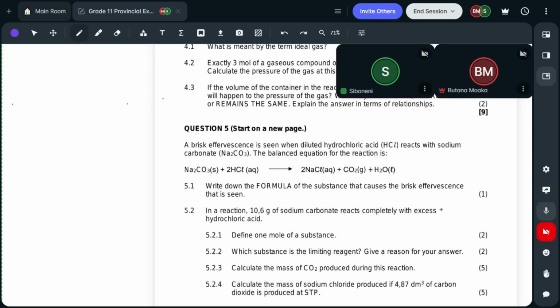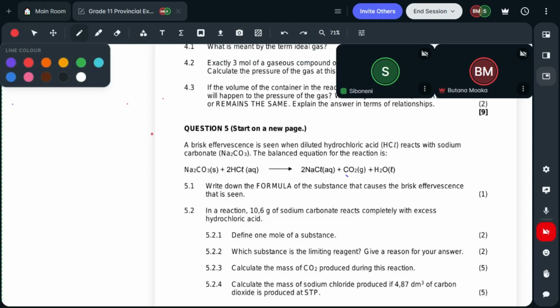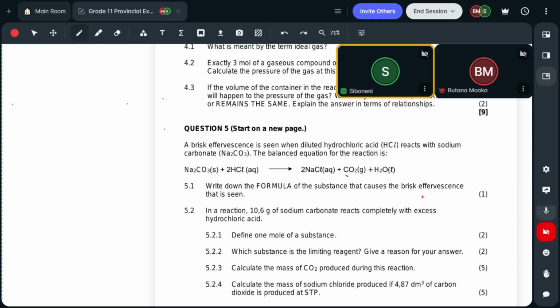Fizzing, yeah. So if this is bubbling gas, then we already know what the answer is, right?